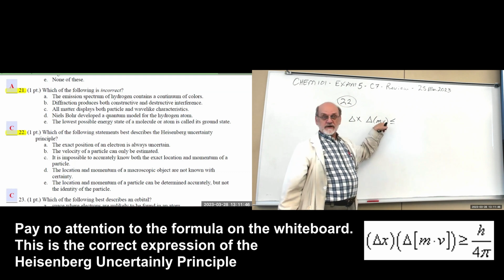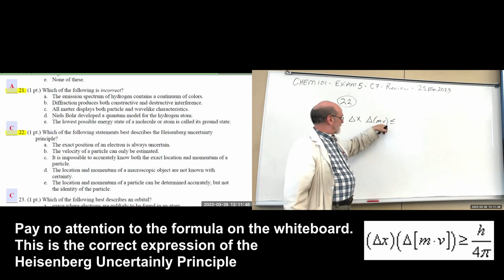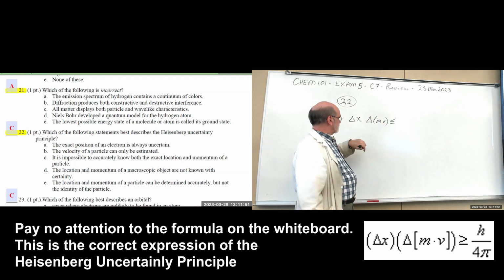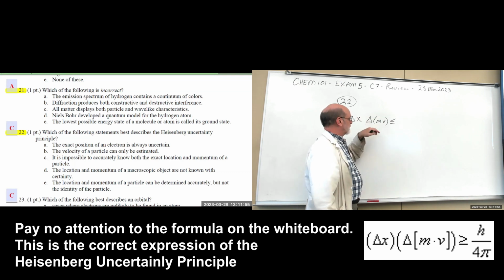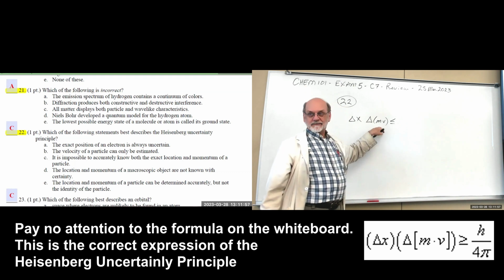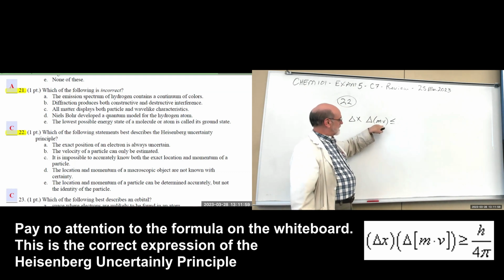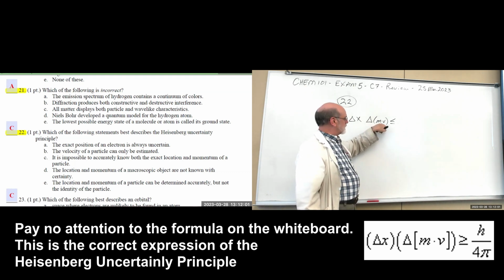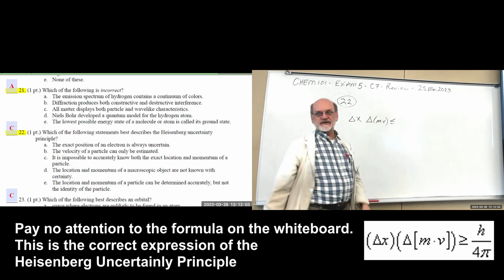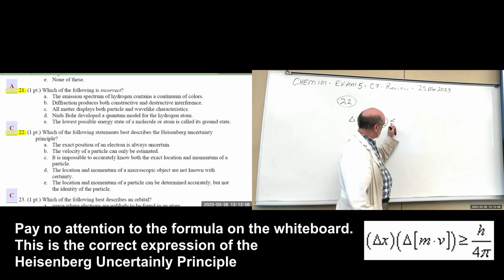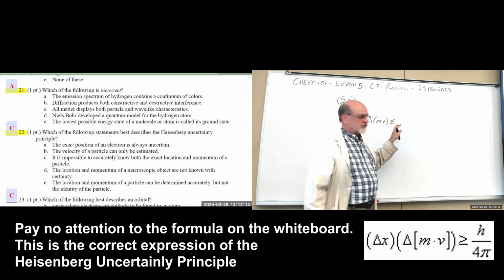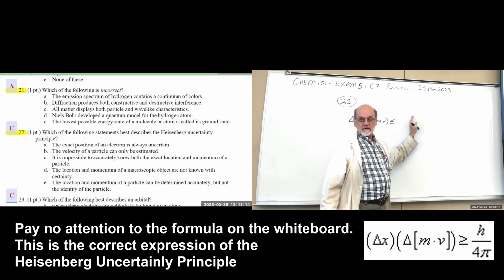If the particle is very small, let's go the other direction. If the particle is very big, like me, then you can know my momentum and you can know my position with fair accuracy because of this relationship with that constant value.